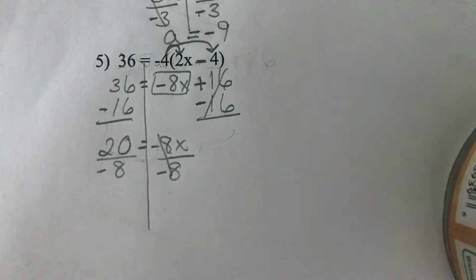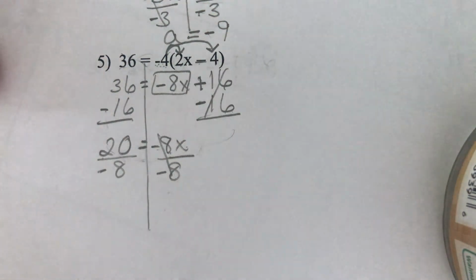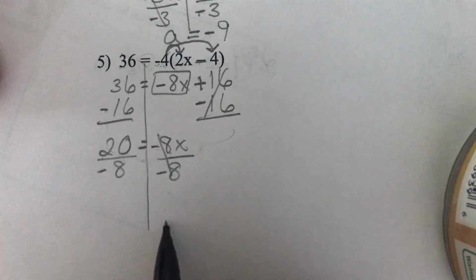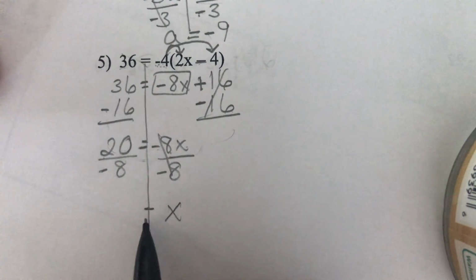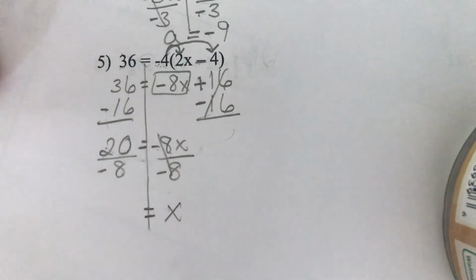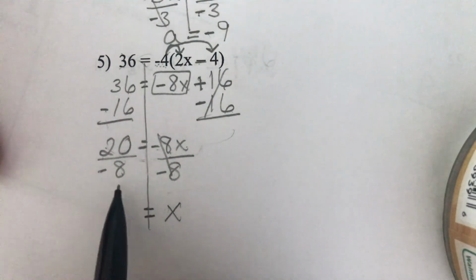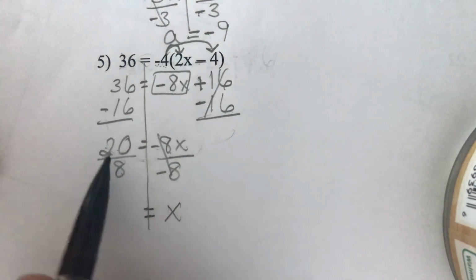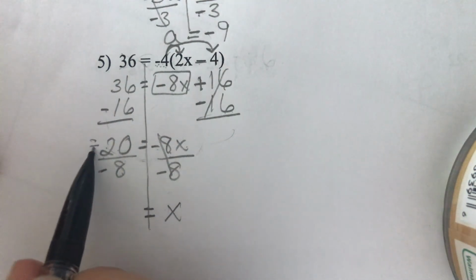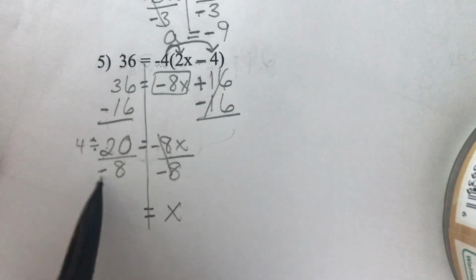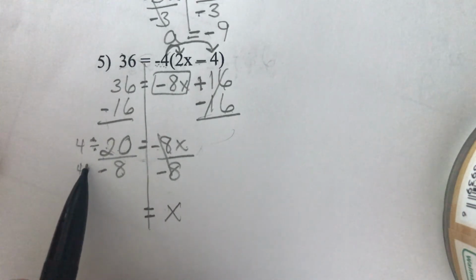Hopefully I didn't make a mistake in there. But we can remember, we talked about it in one of the last videos, we could show this answer in a couple of different ways. Now this can be simplified. They're both even. So 4 goes into both of those. 4 goes into 20. Division sign here.